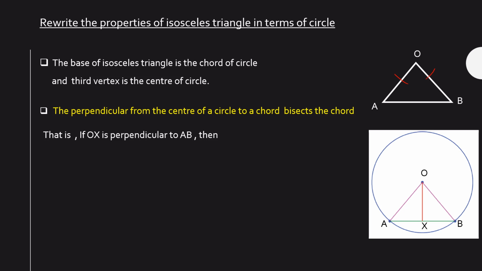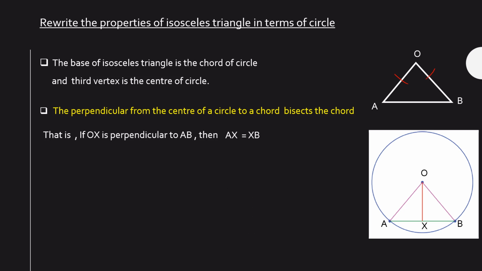If we draw a perpendicular line from the third vertex to the base, it will bisect the base, isn't it? Here we converted all these in terms of circle. Here the third vertex is center. So the perpendicular from the center of circle to a chord bisects the chord. That is, if OX is perpendicular to AB, then what will you get? Correct. AX equal to XB.